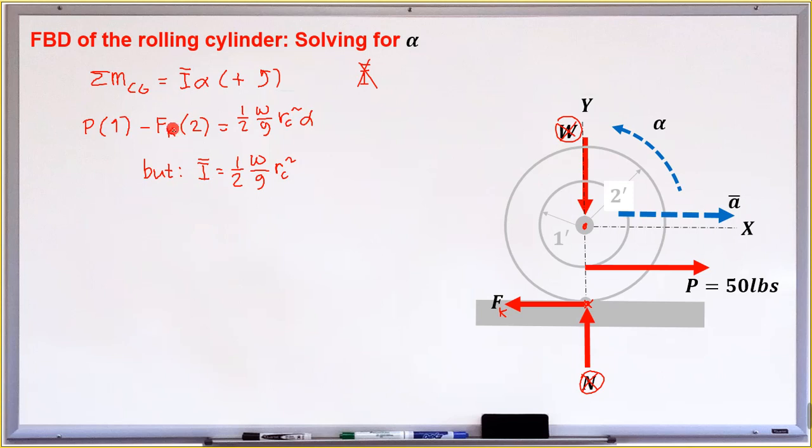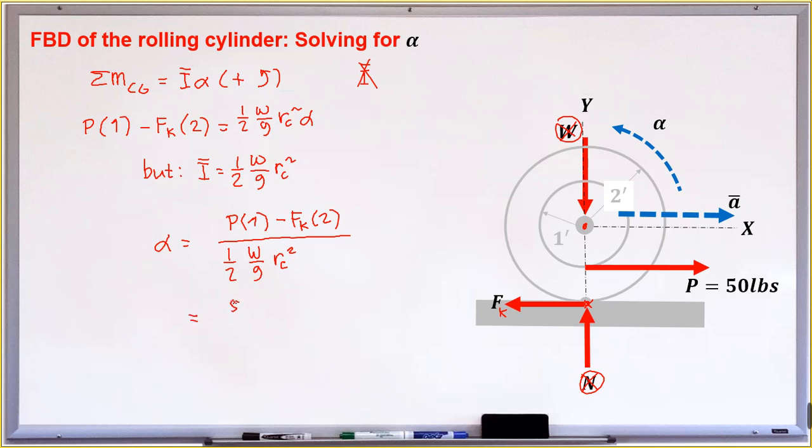So if we modify this equation, our alpha would be P times 1 minus Fk times 2, all over 1/2 W over G times RC square.